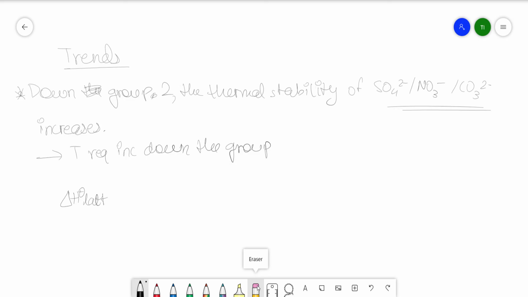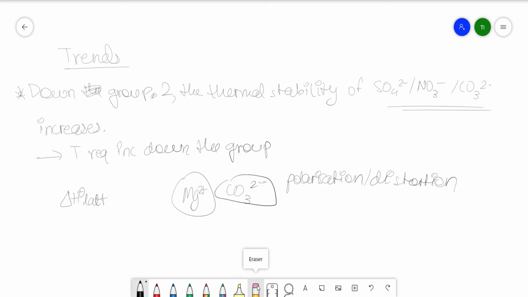And even in the case of the 2 plus ion and CO3 2 minus, there's a distortion that happens. Assuming the anion is a perfect circle, because of this attraction there's a distortion in the shape of the anion. But we won't get into it now. This phenomenon is called polarization or distortion, and it has something to do with the lattice energy. But anyway, let's just ignore it for now.